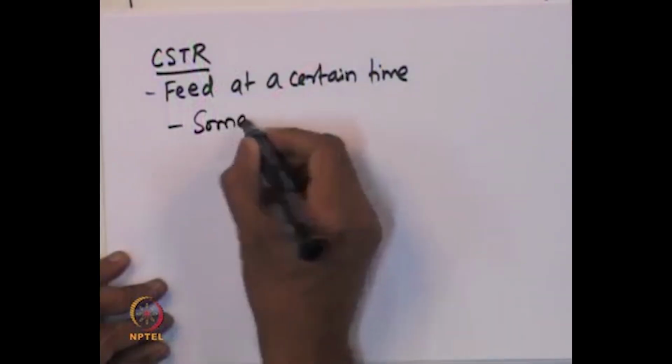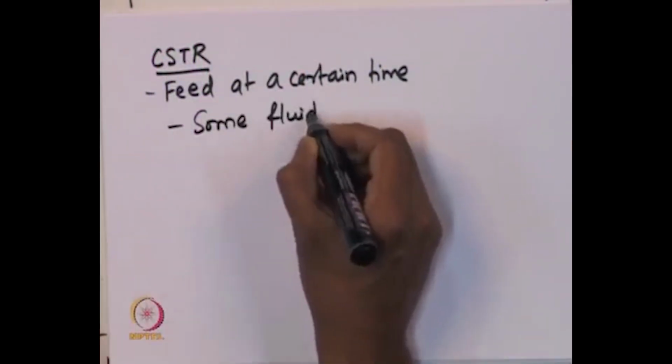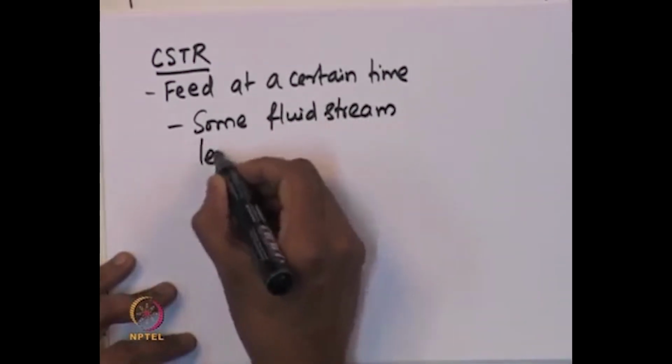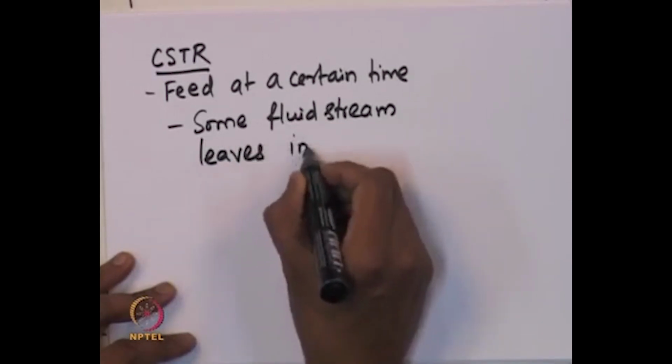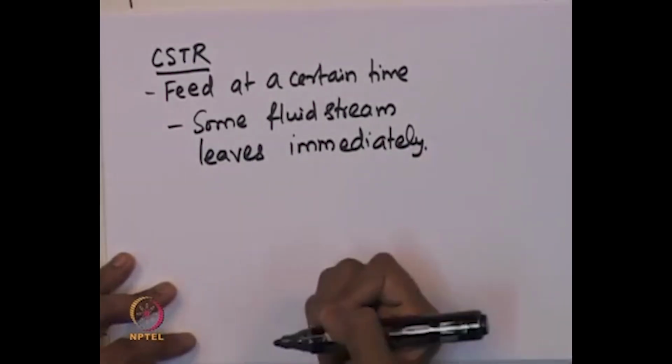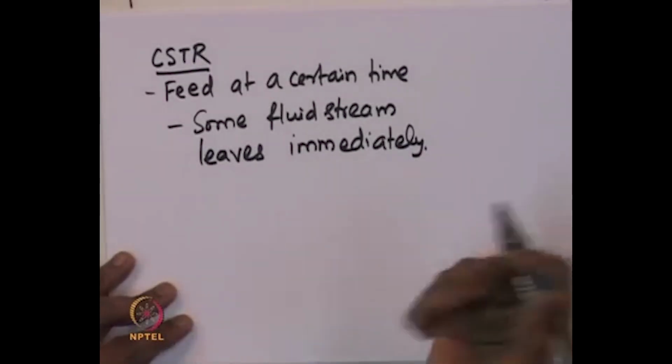So some fluid stream leaves immediately, and the residence time of this fluid stream is going to be very small, and different from the residence time of other particles staying inside the reactor.